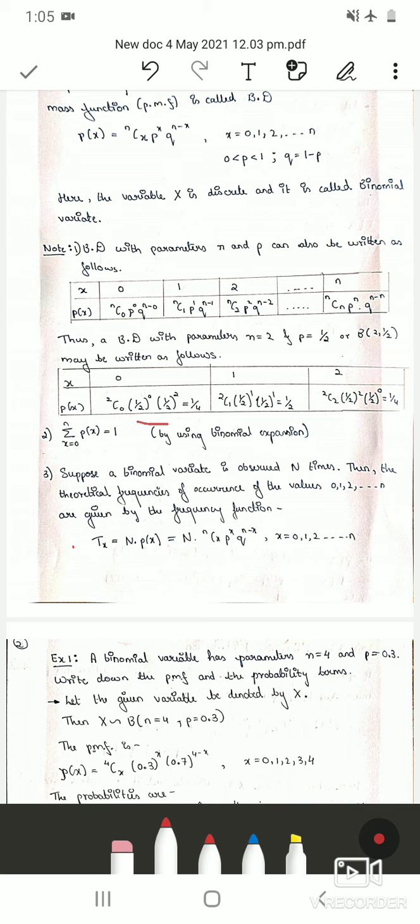So you simplify this 2C0: it will be 2 factorial divided by 2 minus 0 factorial into 0 factorial. 0 factorial is 1, so this 2 factorial will get cancelled. So we will get the answer as 1.